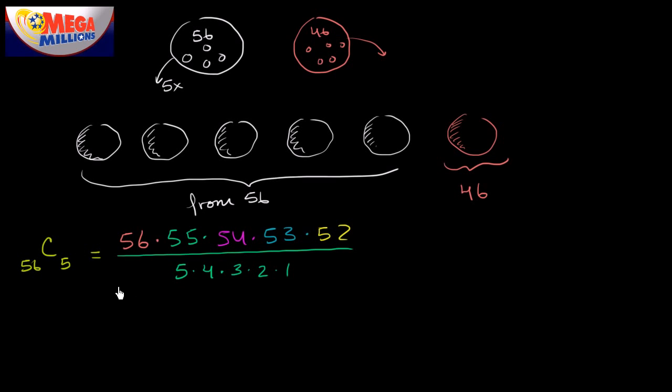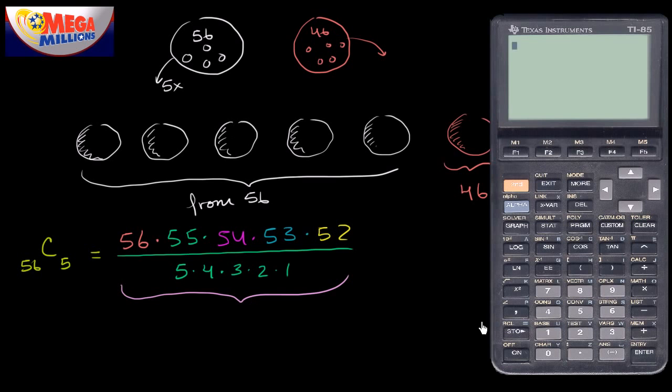So when we calculate this part, this will tell us all of the combinations of just the white balls. So let's calculate that. Just the white balls, we have 56 times 55 times 54 times 53 times 52. And we're going to divide that by 5 times 4 times 3 times 2.